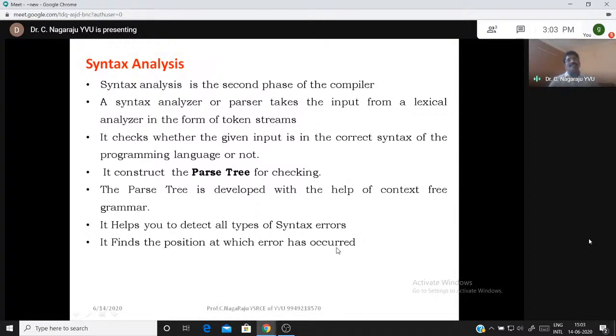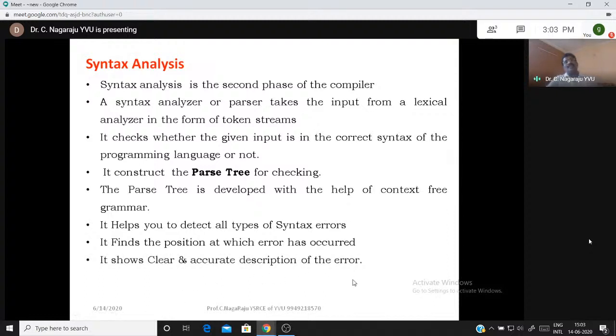In syntax analysis, it creates statement numbers for the program and clearly specifies in which statement, and at which position, the error occurred. It shows a clear and accurate description of the error.